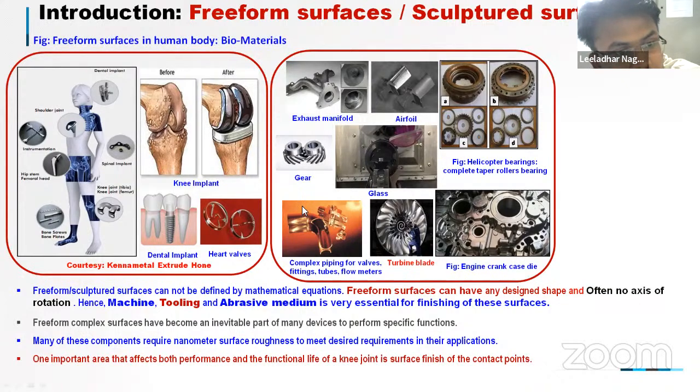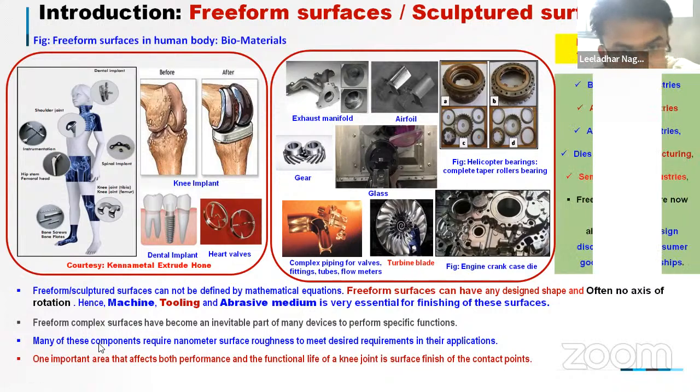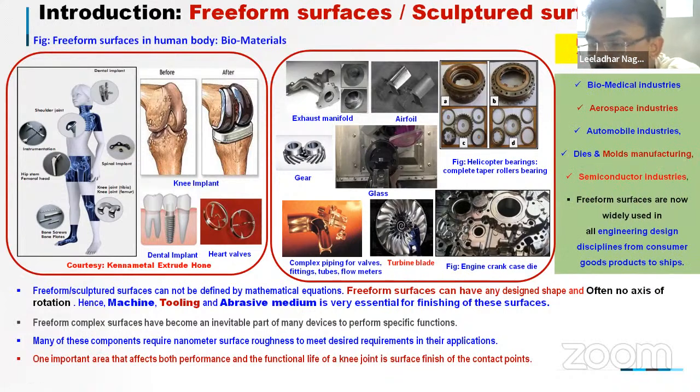Whenever we talk about freeform surfaces, the question is how we would be able to finish them. The potential applications are biomedical industries, aerospace industries, automobile industries, die and mold manufacturing, and semiconductor industries. All these are potential users of freeform surfaces.